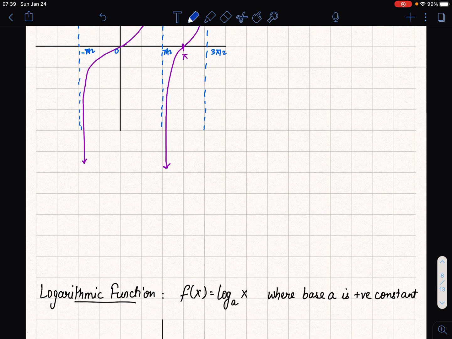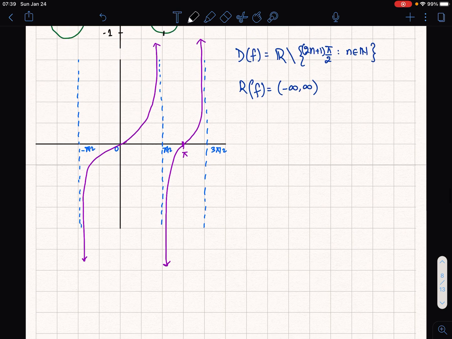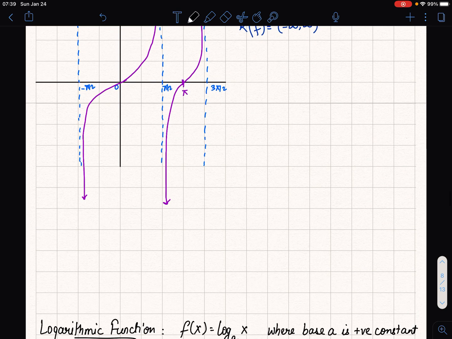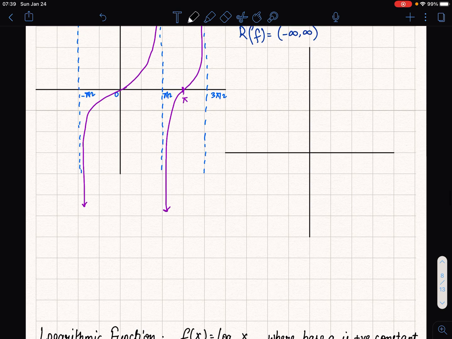The next kind of function is cotangent. Looks like tangent, just flipped the other way. So this is the cotangent function. In case of cotangent function, we have that cotangent functions are not defined at n pi's.